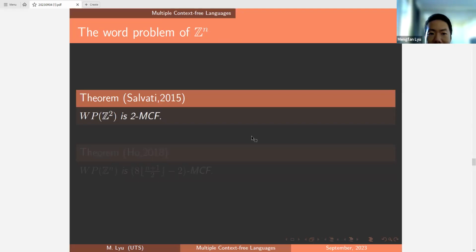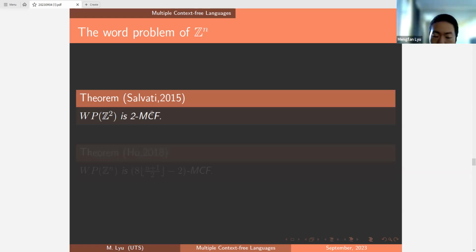Then let's get back to the word problem. One famous result about multiple context free is this one. The word problem of Z squared is 2 multiple context free.